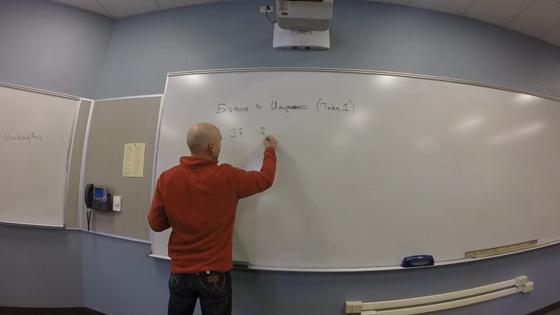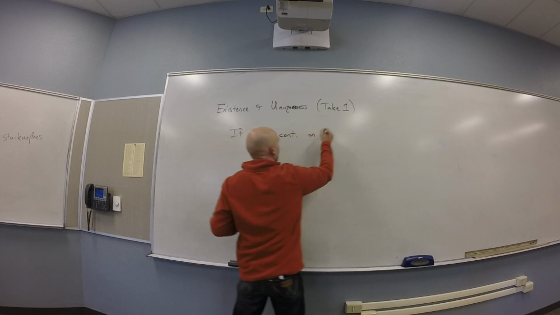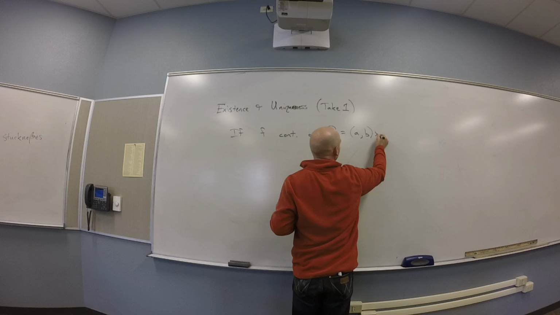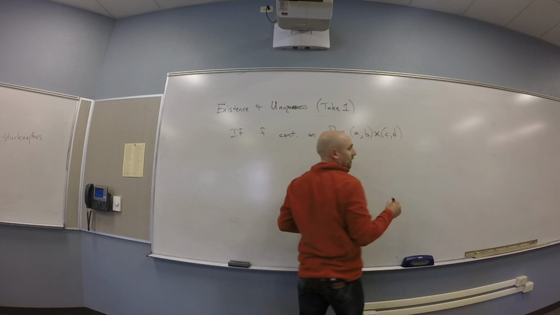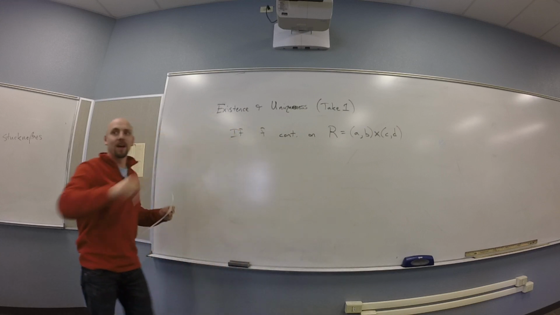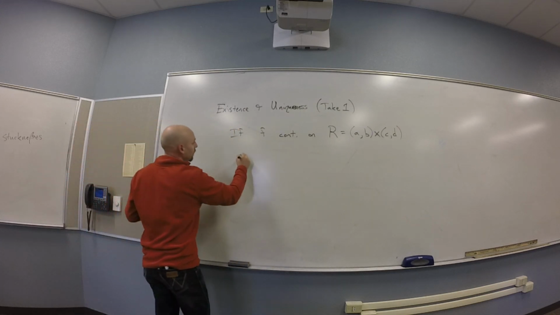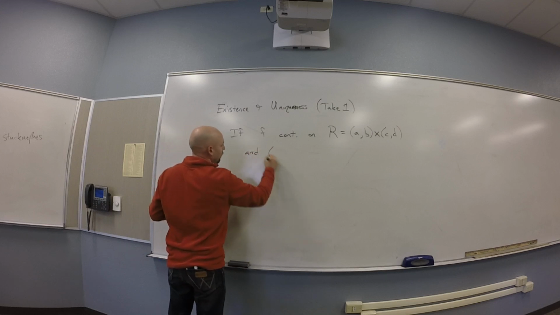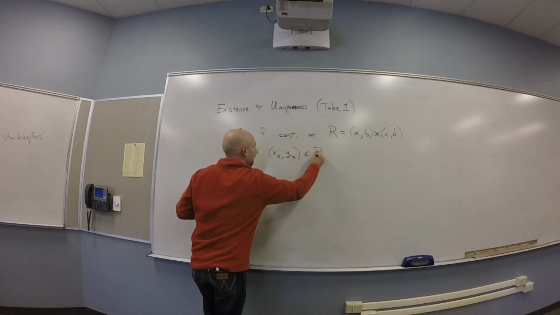So if we have f that's continuous on a rectangle made out of AB crossed with CE, I'm going to write some stuff down. If you have questions about what exactly I mean, we'll talk about it in a second. And there's a point, x naught, y naught, that's in that rectangle.